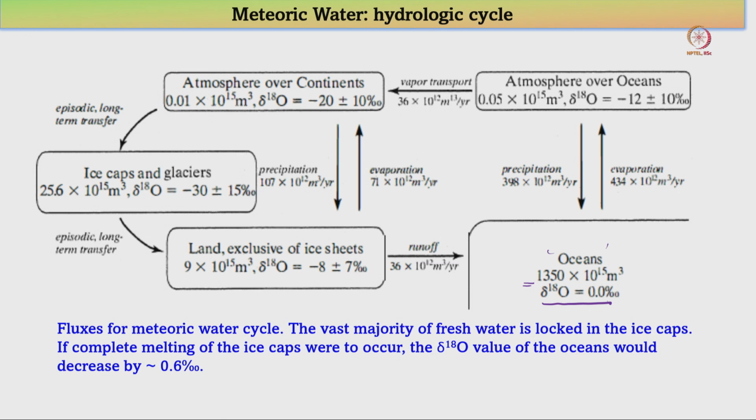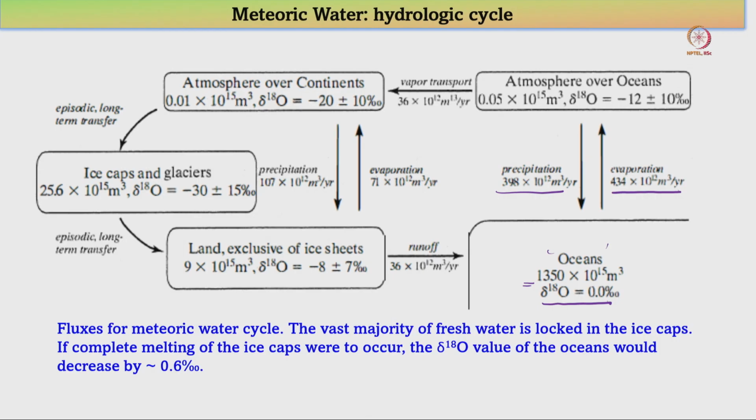From here, evaporation is happening. This much amount is getting evaporated, this much amount is getting precipitated back, close to 90% of the precipitation is coming back to the ocean itself.